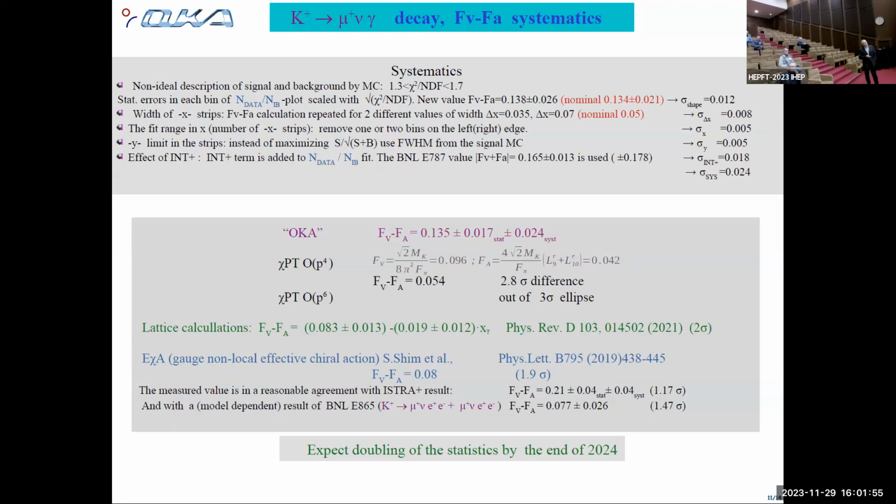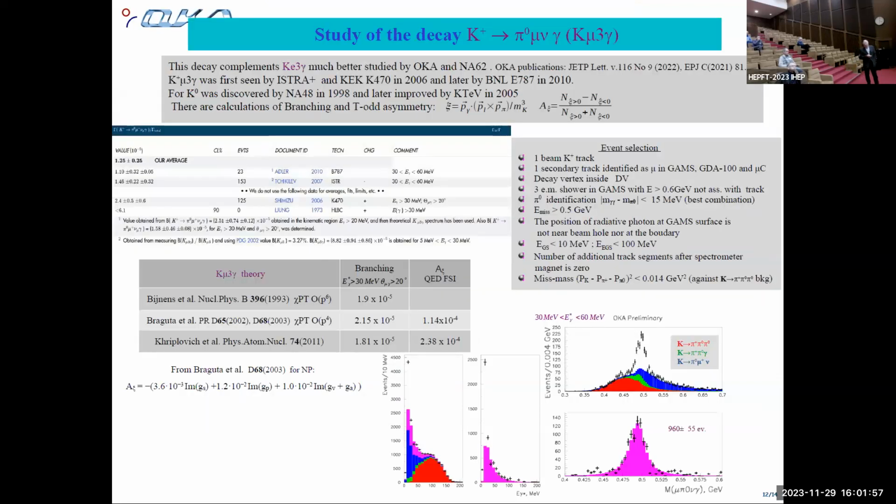So now I'm coming to the last decay. It's radiative K-3. It's also interesting because first you have 4 particles in the final state, so you can construct a CP-odd correlation.